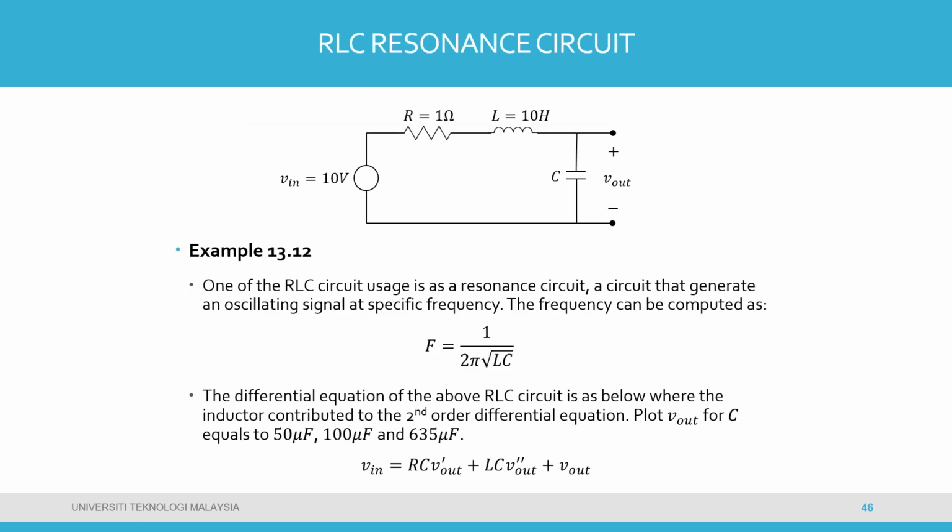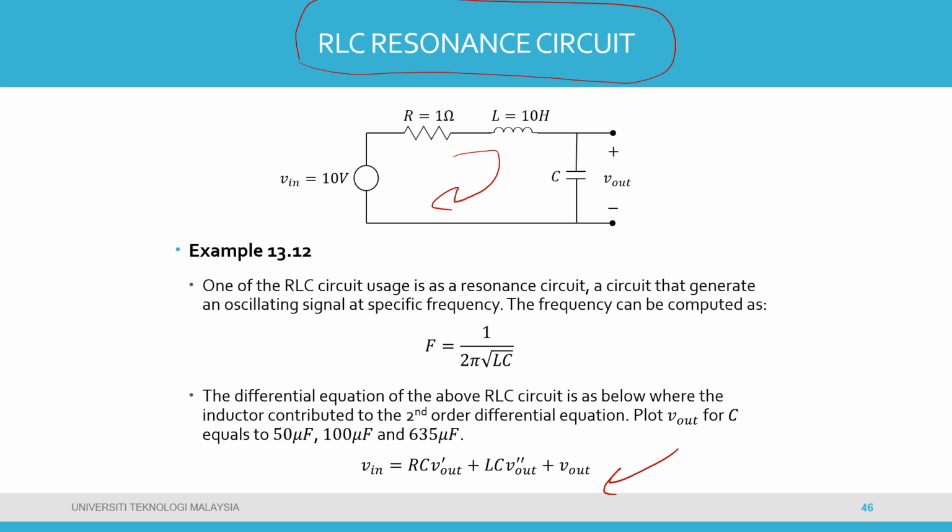So let me show you the second order differential equation. This is very useful for RLC resonant circuit. I don't know whether you already learned this or not, but basically when you do Kirchhoff, you analyze this, you will get this equation.